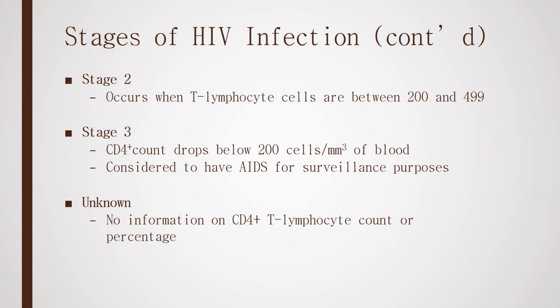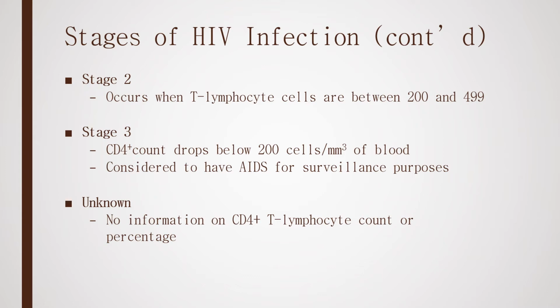Talking about stage 2, this stage occurs when CD4 plus T lymphocyte cells are between 200 and 499. Stage 3 is when the count drops below 200 cells per cubic millimeter of blood, and at this point the person is considered to have AIDS, or acquired immune deficiency syndrome, for surveillance purposes.